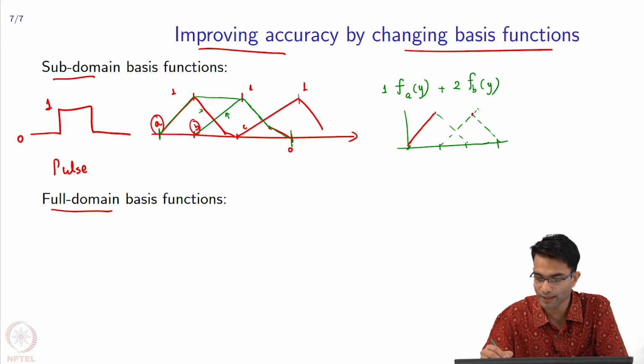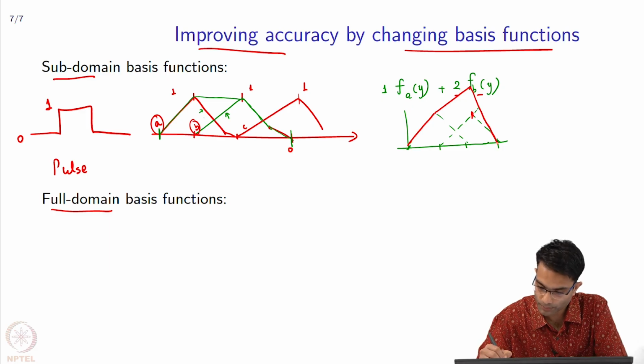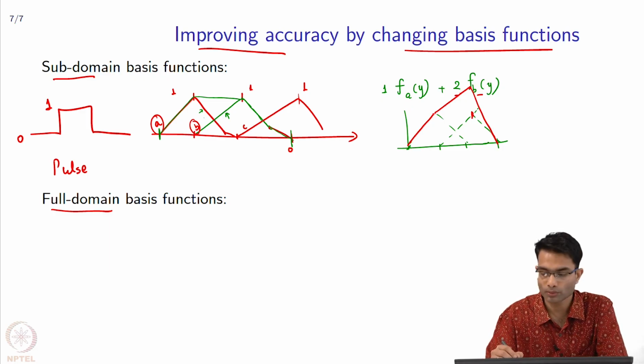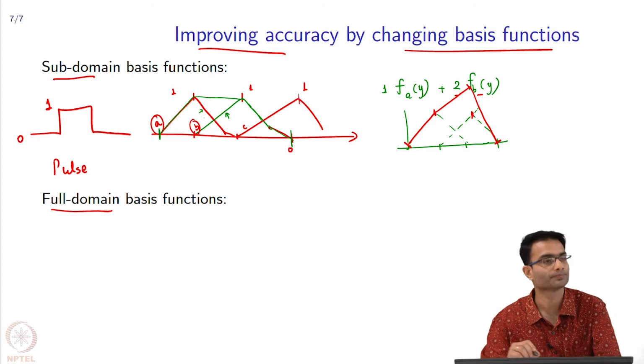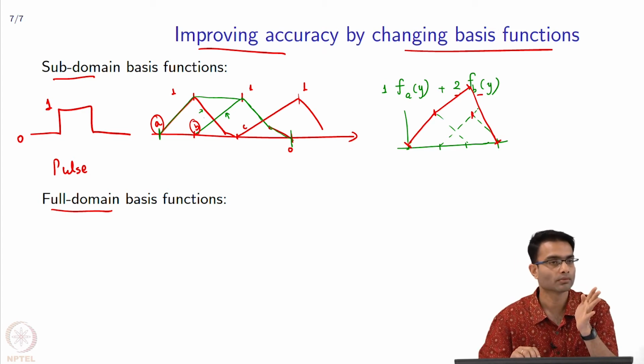The value at this point of the function will be 2, because at this point FA is 0 and FB is 2, so 2 times FB is there. This will go up and then come down over here. By doing this, what will you call these 3 segments? They are linear.